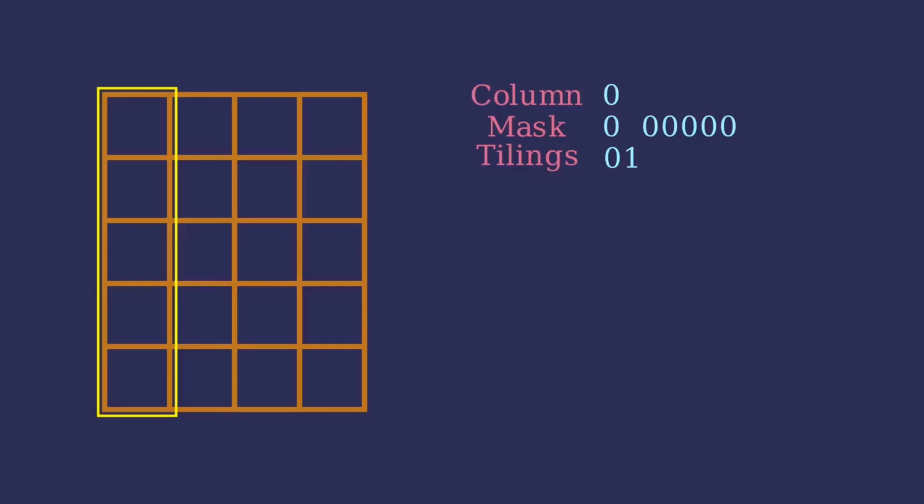So initially the first column is empty. That's why we start with the mask of all zeros. You can notice here that I represented the mask with 5 zeros because I have 5 tiles or 5 bits to represent. And since there is one way of leaving the grid empty, so the number of possible tilings for this configuration is 1.